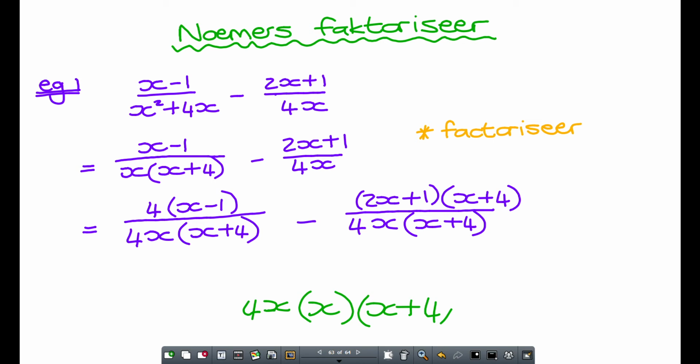Nou wat ons gesien het, is sien jy daai x en die x is eintlik herhaling van mekaar. Nee, so dit is hoekom ons sê, okay, kom ons gebruik hom net een keer. Want dan is dit mos die kleinste gemeene veelvoud.